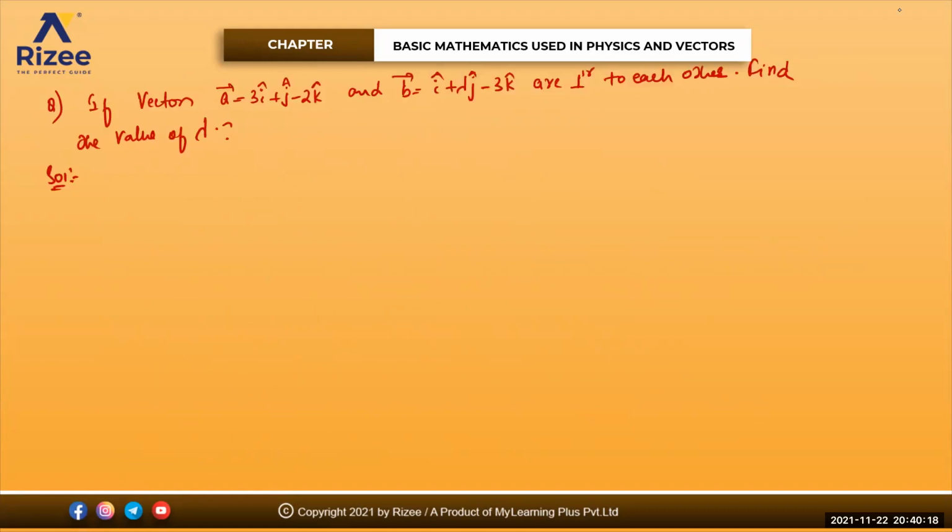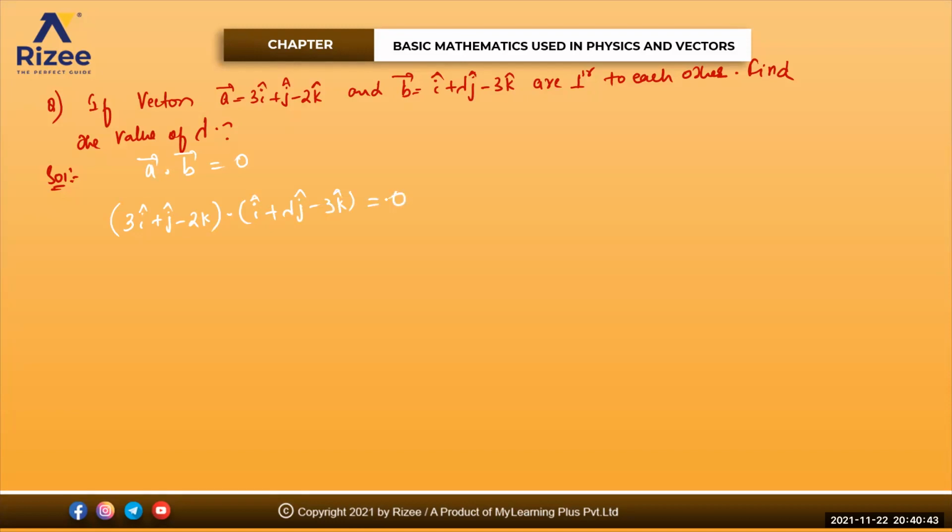So A bar is perpendicular to B bar means A bar dot B bar will be equal to 0. A value is 3i cap plus j cap minus 2k cap, dot B value is i cap plus lambda j cap minus 3k cap, must be equal to 0.